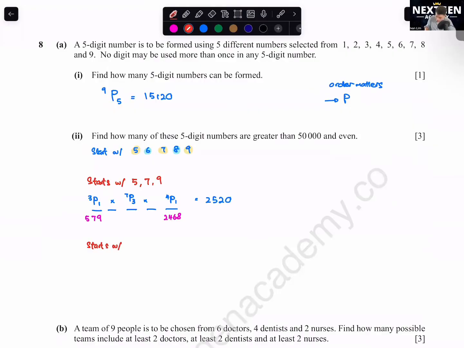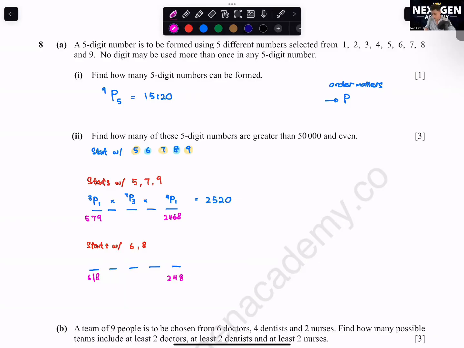Second one, starts with 6 or 8. 1, 2, 3, 4, 5. 6 or 8. Okay, after I've used 6 or 8 already, so let's just say I take a scenario, I choose 6 already. Then that means how many more digits can I use behind? I can only use 2, 4, or 8. Okay, so this is 6 or 8.